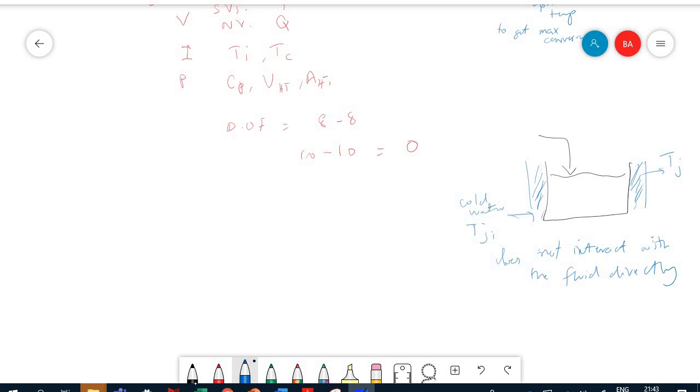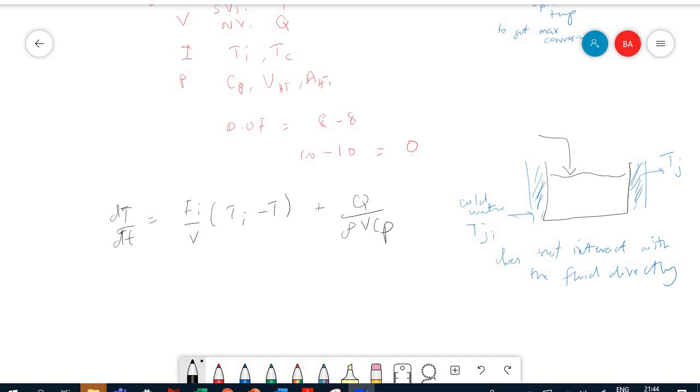So we have cold water getting in and getting out, cooling my system. What I'm trying to say here is, if you recall our energy balance equation, dT by dt is equal to Fi over V into (Ti minus T), plus Q over rho V Cp.